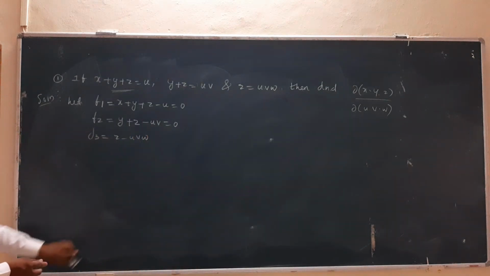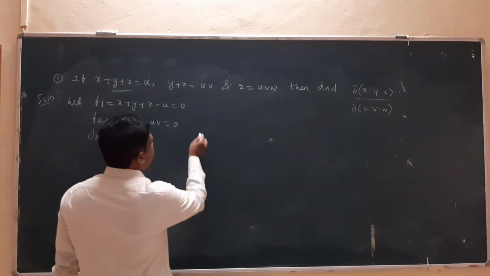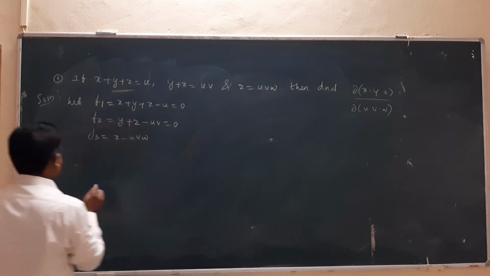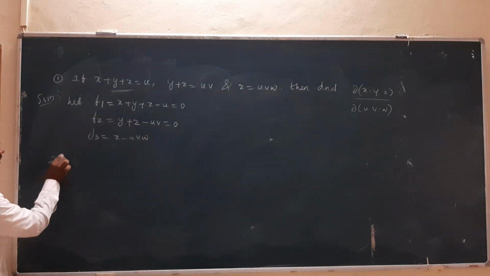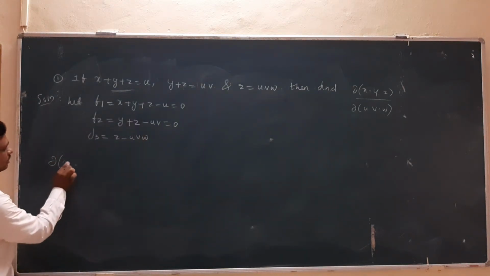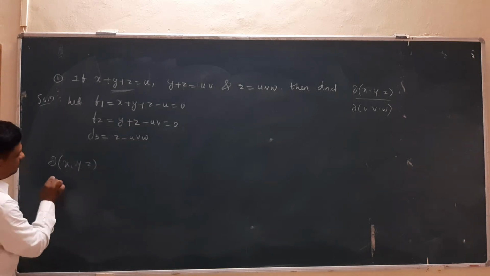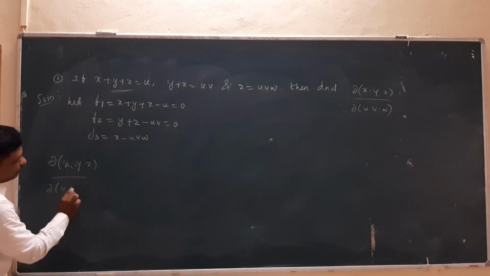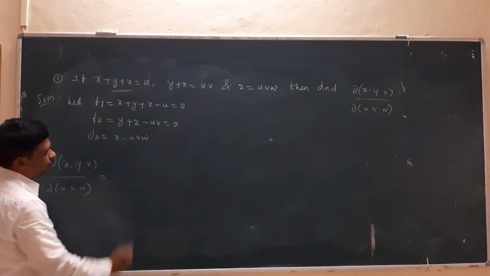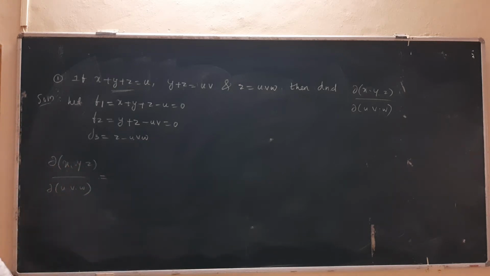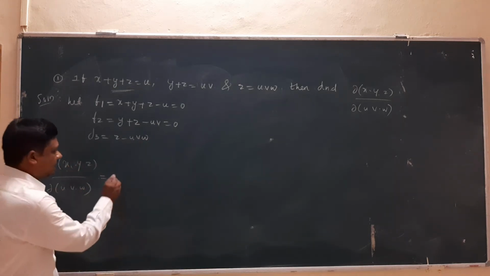So first I will write the formula here. Our question is dou of x, y, z with respect to dou of u, v, w. Here there are three dependent variables and three independent variables.